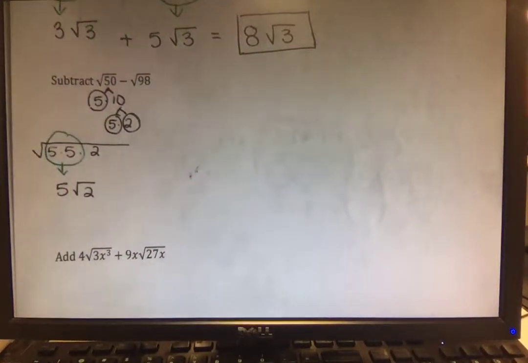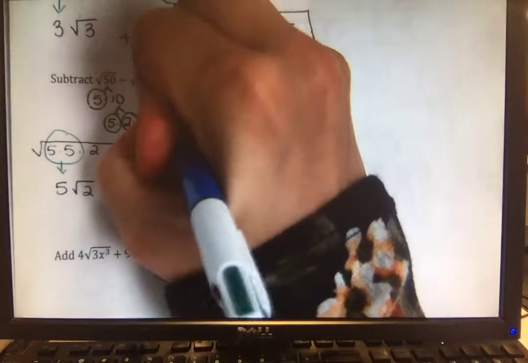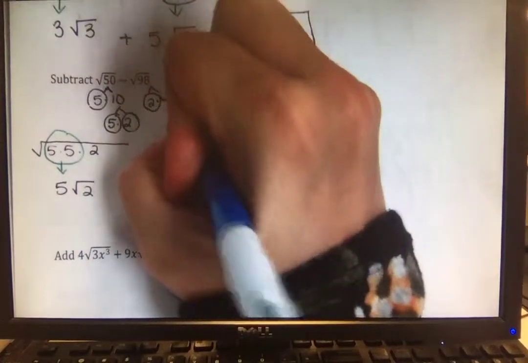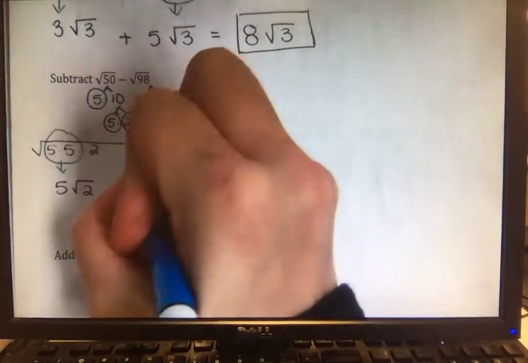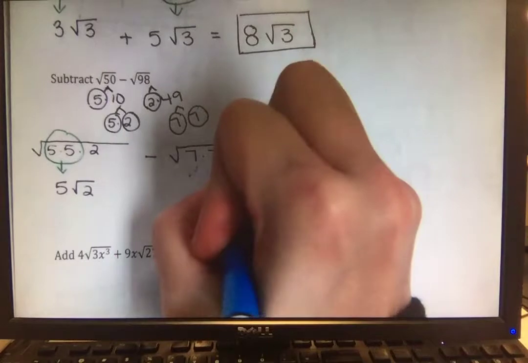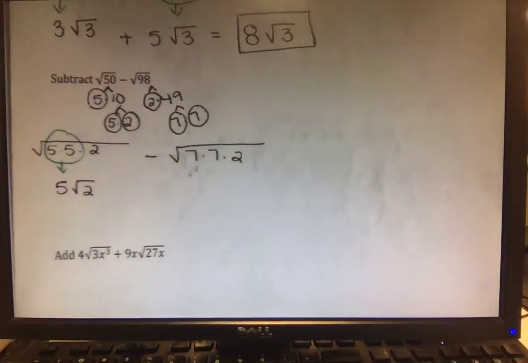Breaking down 98. Any way you want to break it down. So we can say 2 times 49. 2 is done, so it gets circled. 49 is 7 times 7. So minus, we broke down 98 into 7 times 7 times 2, because 7 times 7 times 2 is 98.